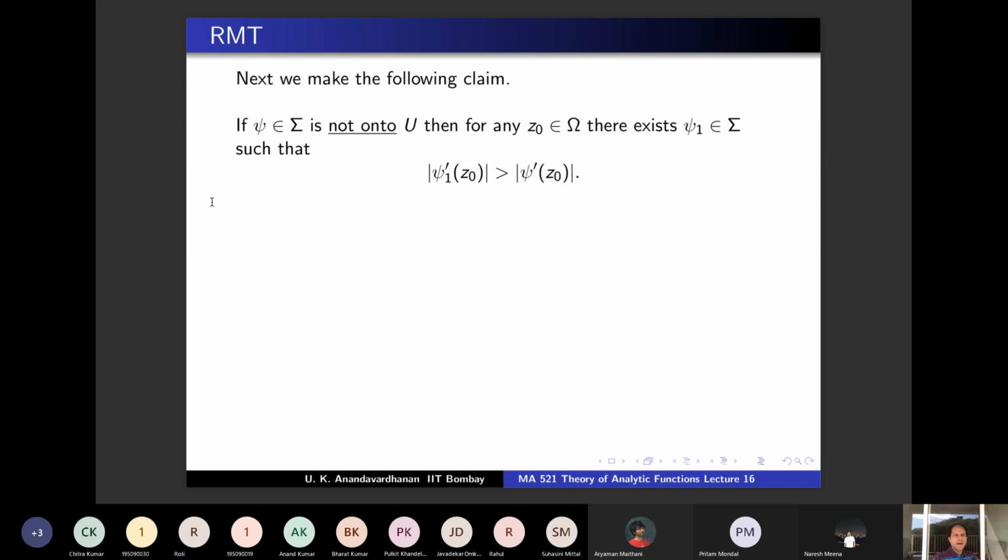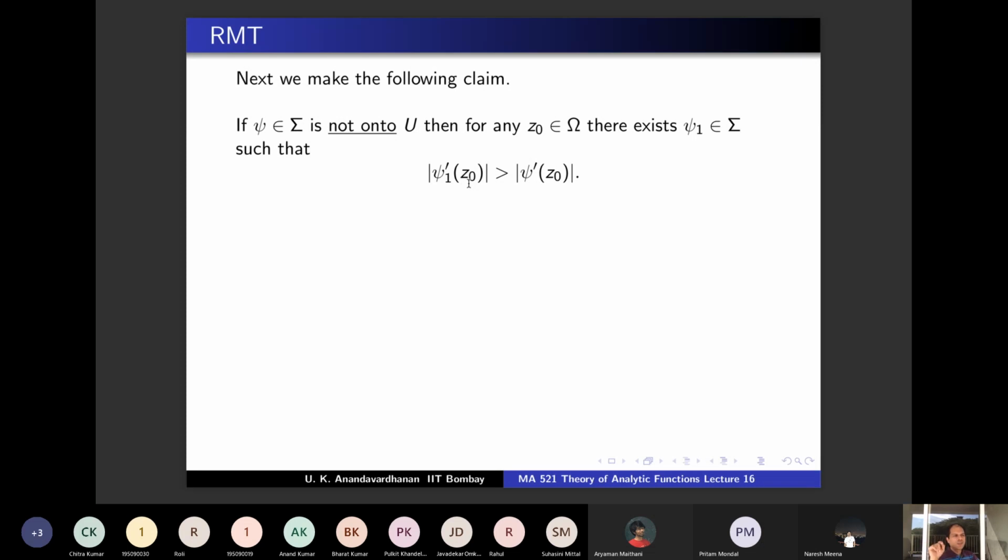So let's prove this. Can you get a feeling that a Schwarz lemma kind of technique will be used here? Because if you remember, we proved Schwarz lemma and then we proved what Rudin calls an extremal problem.